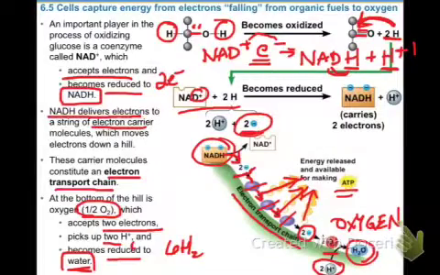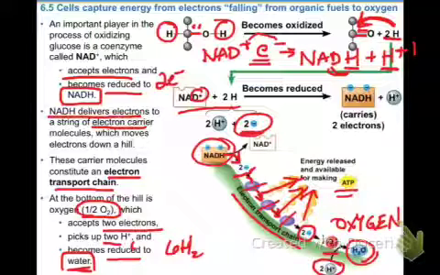An important player in this transfer of electrons is what is called a coenzyme, NAD, which actually stands for nicotinamide adenine dinucleotide, but you don't have to remember that. You can remember it as NAD plus.